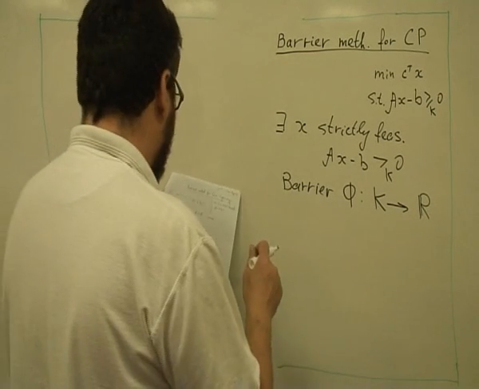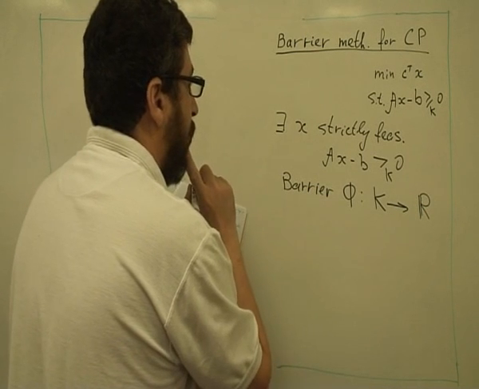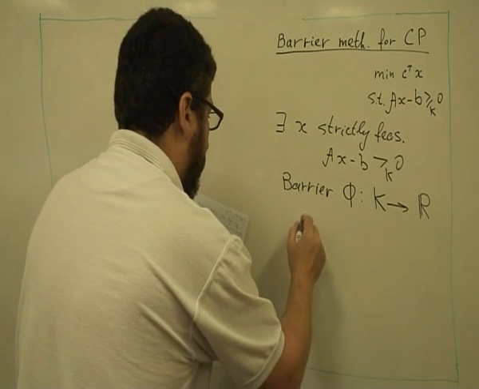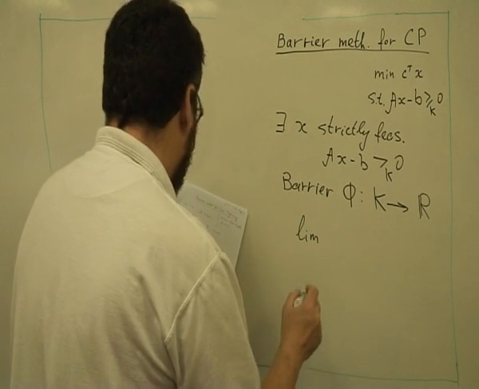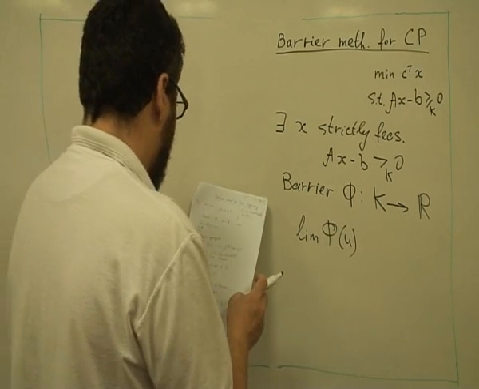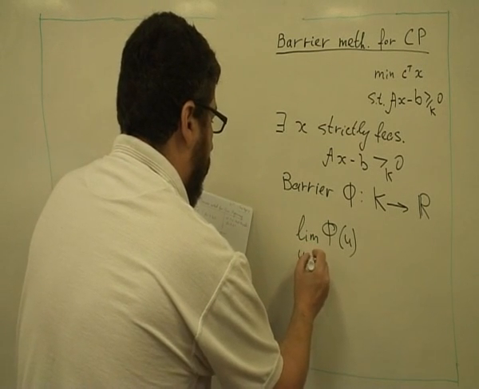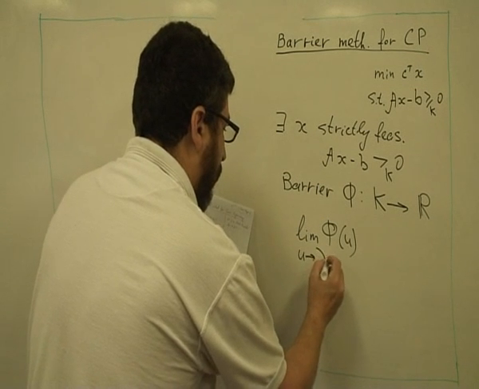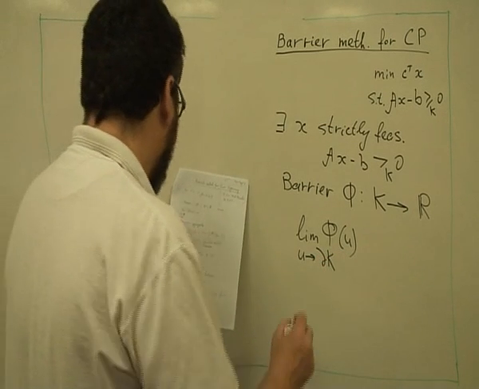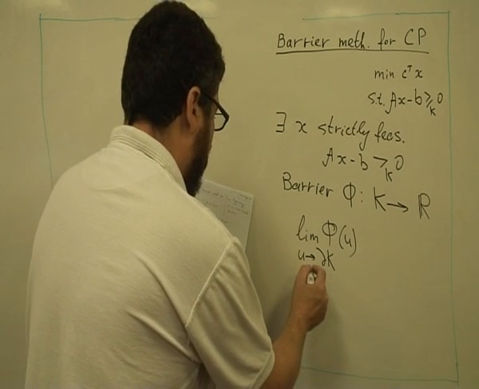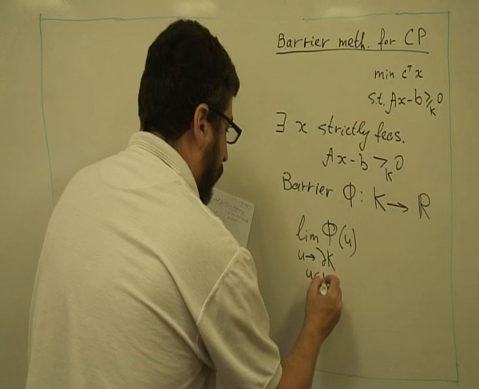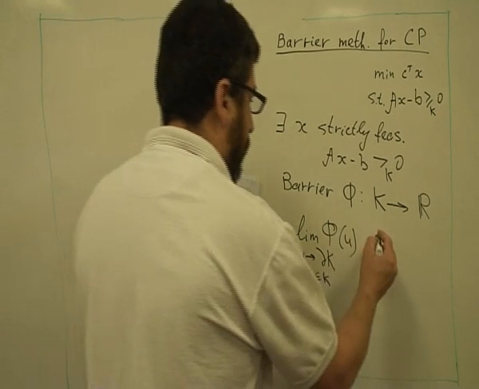and the property, as I told, is that the limit of the barrier, limit of phi of u, when u goes to boundary, I will denote this in this way, and from inside, so u should belong to K, this limit should be infinity.